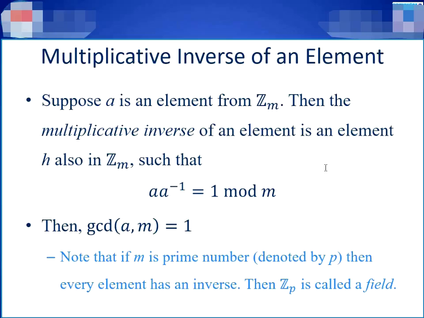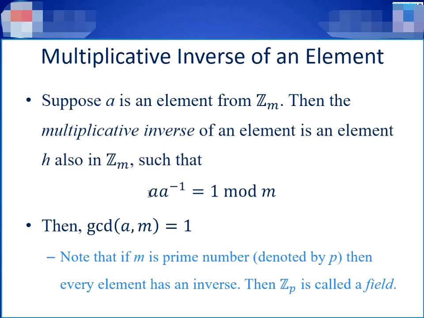These numbers are called elements of this set, and for some elements of this set we can define a multiplicative inverse. How are we going to define this multiplicative inverse? This multiplicative inverse is also an element of the same set, and it should give us the multiplicative identity, which is 1, when multiplied by the number itself.